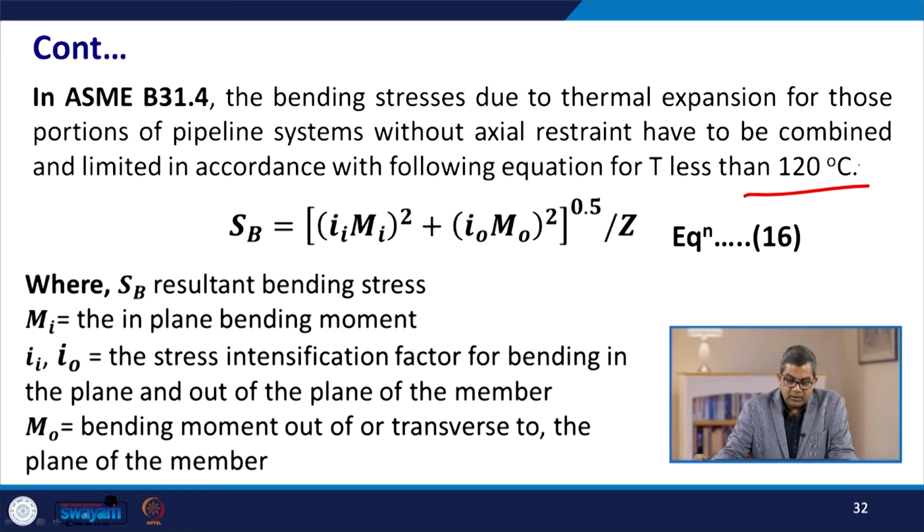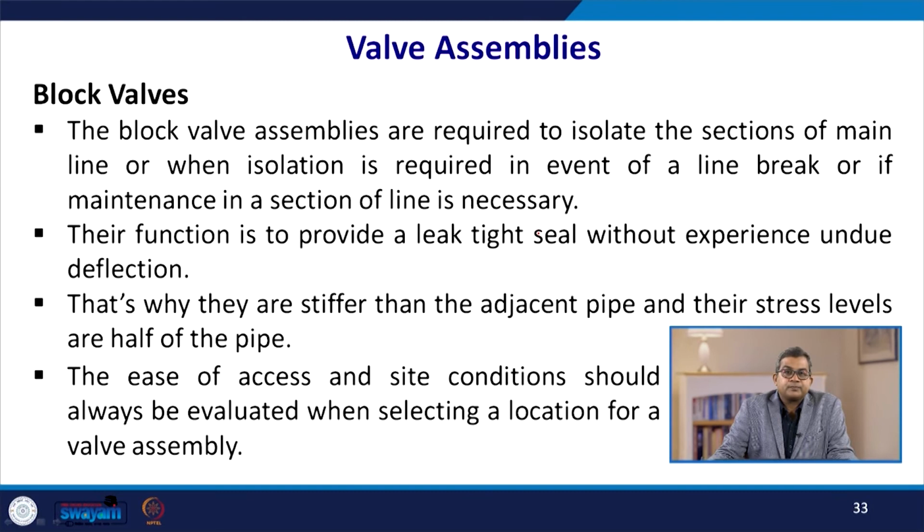So, SB is equal to the square root of (Ii Mi) square plus (Io Mo) square, over Z, where SB is the resultant bending stress, Mi is the in plane bending moment, I and Io are the stress intensification factors for bending in the plane and out of the plane of the member, and Mo is the bending moment out of or transverse to the plane of the member.